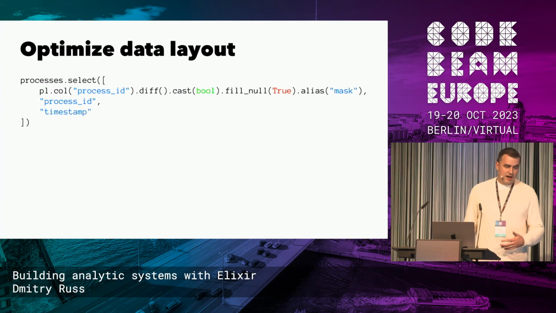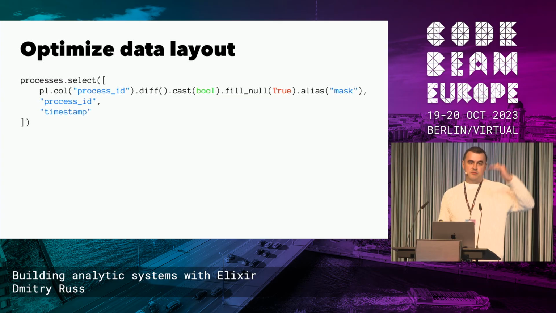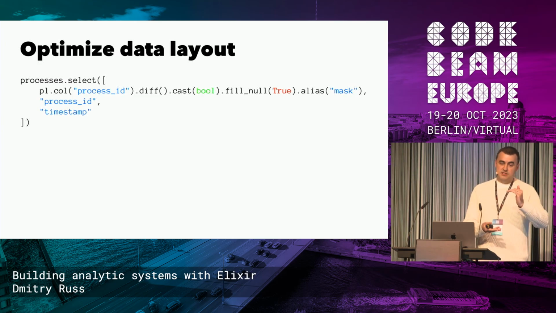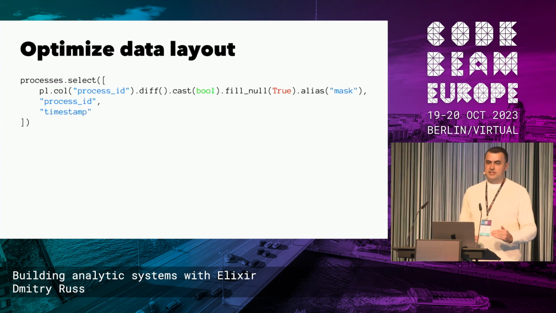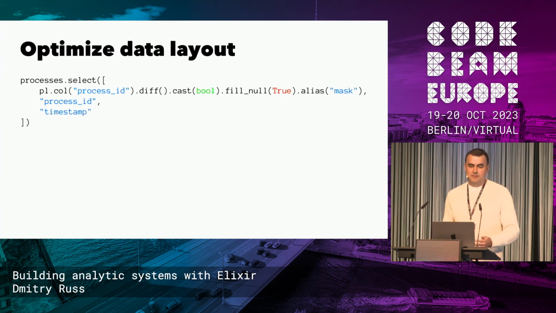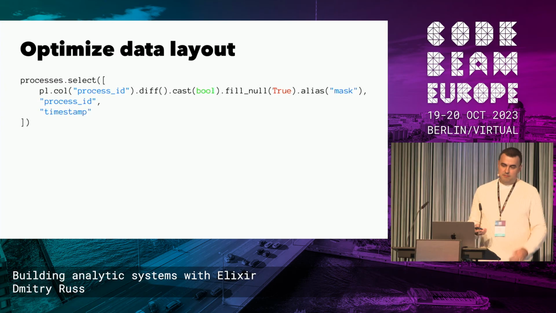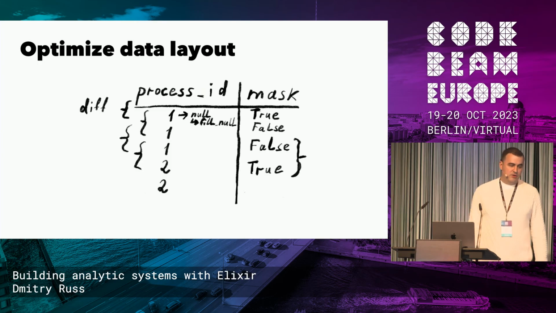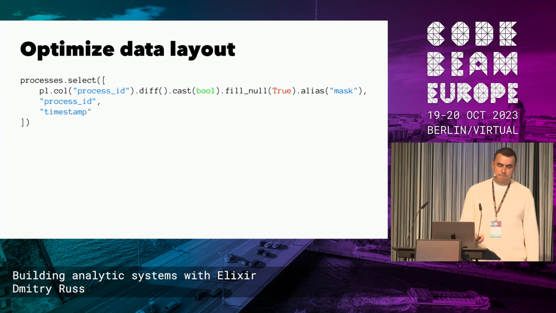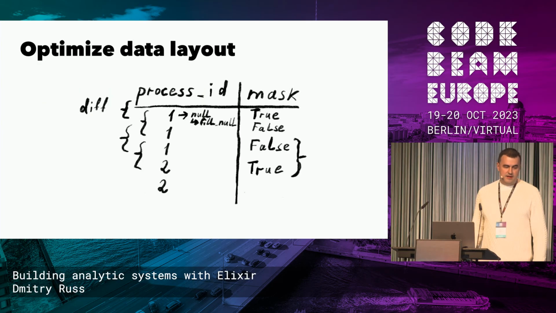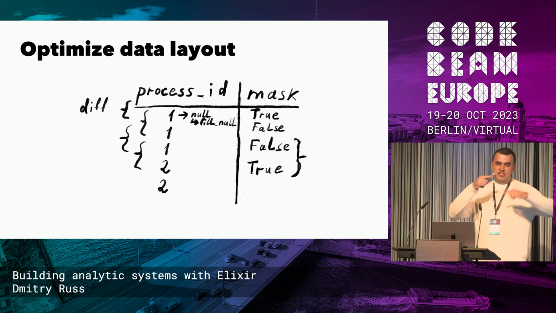First of all, one prerequisite is that you lay out data where your processes are already sorted. So instead of grouping data, your processes are already sorted by ID, and what you need to do then is produce a mask where you check by diff, and whenever the process ID changes, mark it as the start of a new process.